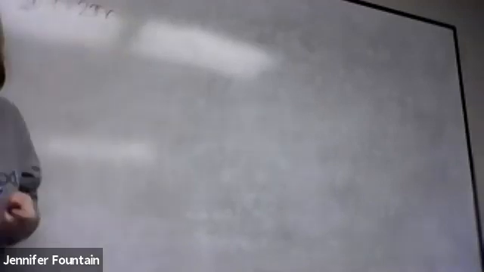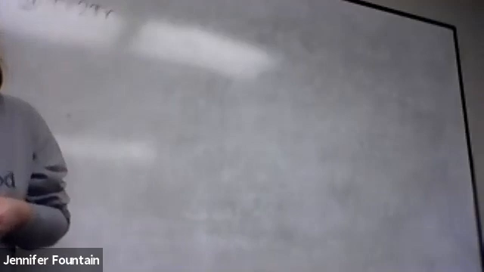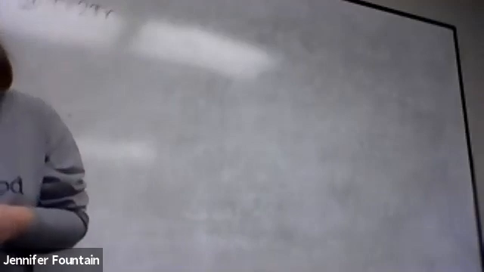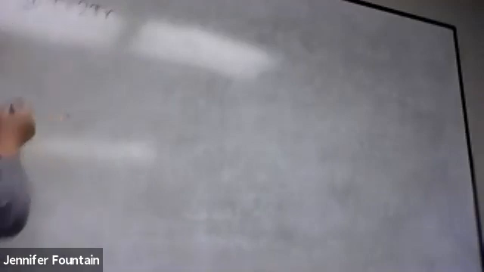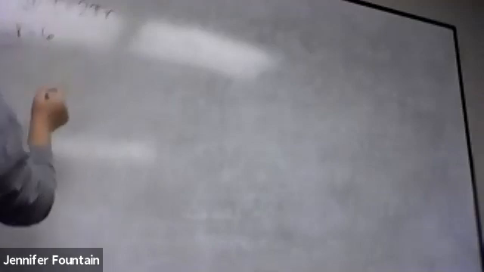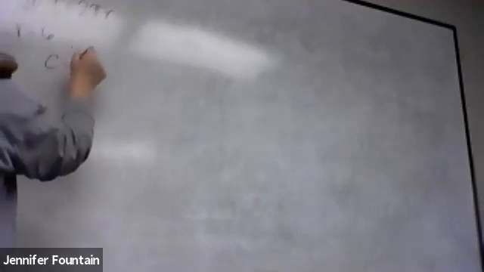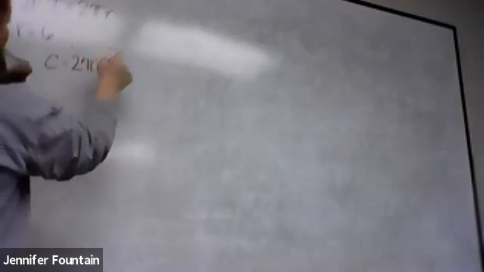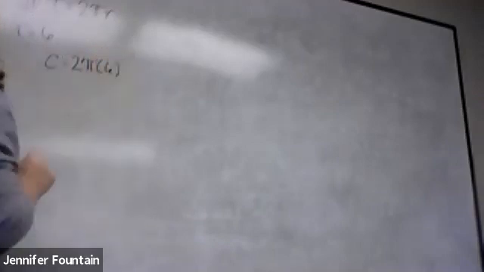I'm using my formula, circumference equals 2 pi r. What does it say the radius of my first one is? 6. Okay, so I have C equals 2 times pi times 6.